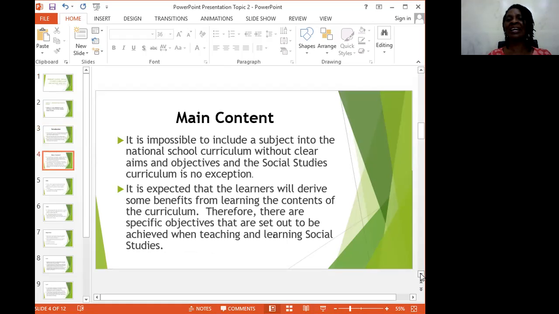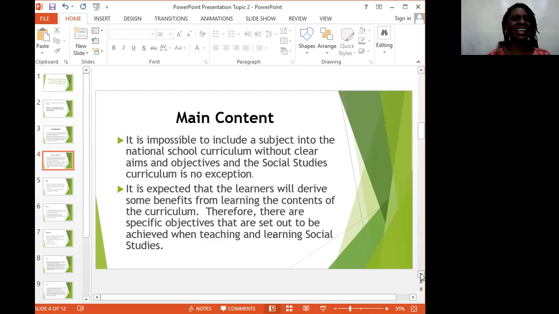So it is impossible, I repeat that word, it is impossible to include a subject into a national school curriculum without clear aims and objectives, and the social studies curriculum is no exception.